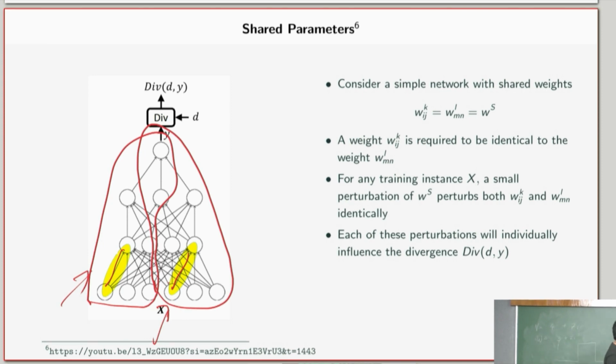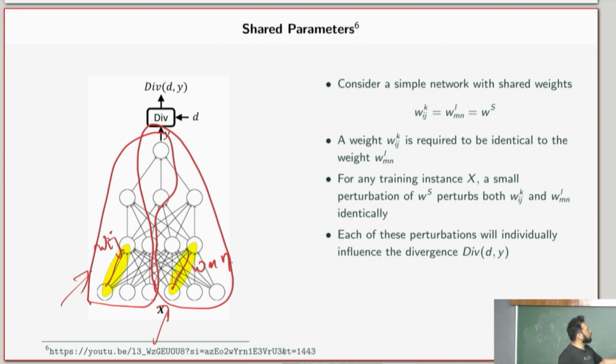So we can formally, using some math notation, say that Wij is this weight and WMN is this weight. In a very generic sense, wherever they are, it doesn't matter. One can even make it very formal: take a set S and put all the shared weights in S. So let us say Wij and WMN are shared weights.